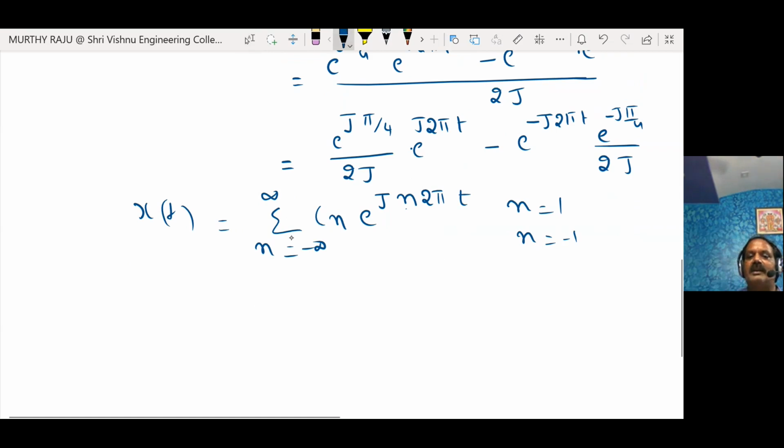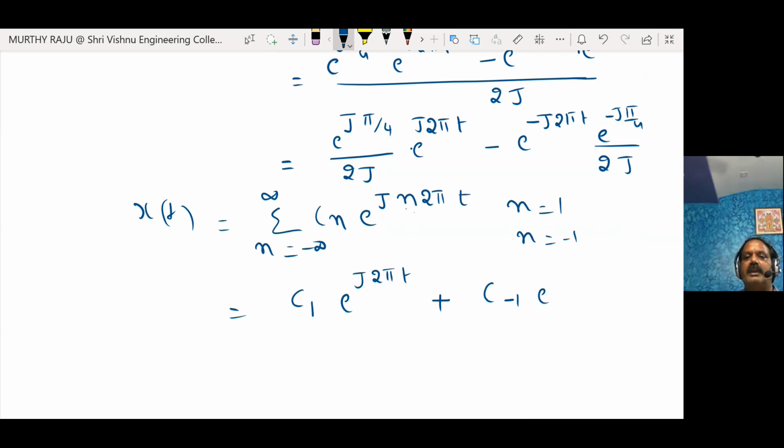In the range minus infinity to plus infinity, we need to consider only 1 and minus 1. For n is equal to 1, we get C1 e power j 2 pi t. For n is equal to minus 1, we get C minus 1 e power minus j 2 pi t. This is a summation, so we use the plus sign.